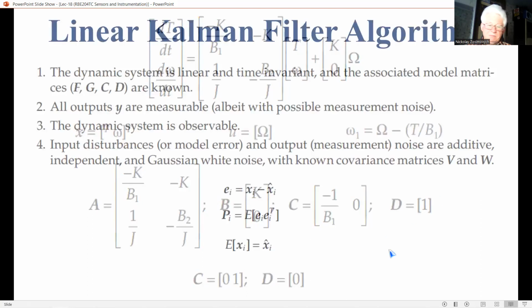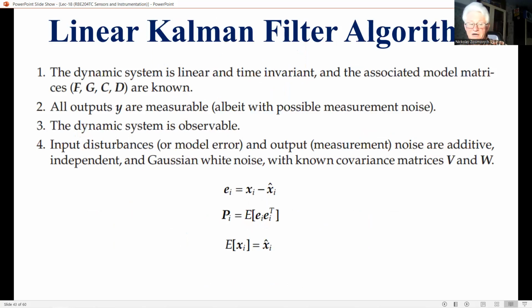The discrete-time equations of the standard linear dynamic Kalman filter are represented here. The following assumptions are made in the derivation of these equations, as you can see here on the slide. First, the dynamic system is linear and time invariant, and the associated model matrices F, G, C, D are known. Second, all outputs Y are measurable.